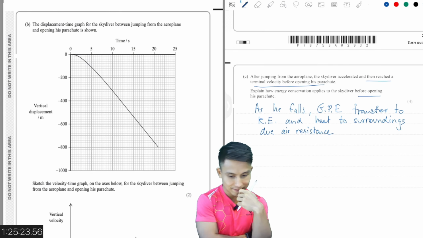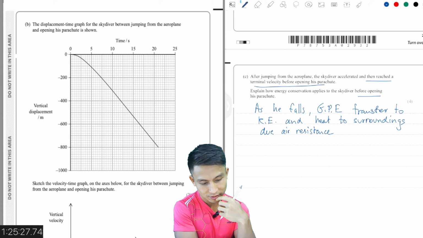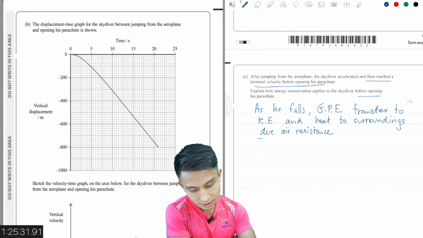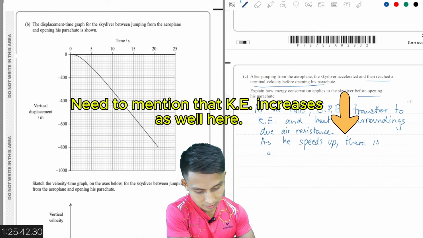And then before opening his parachute, as he speeds up, there is a greater air resistance.